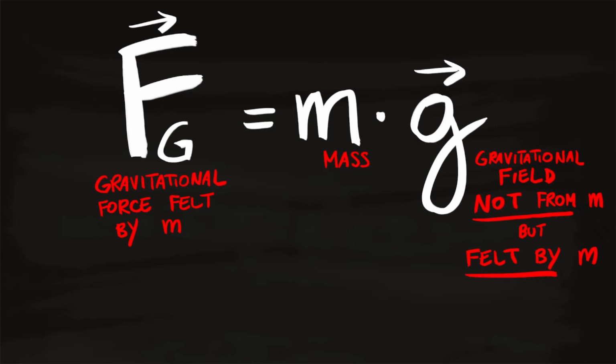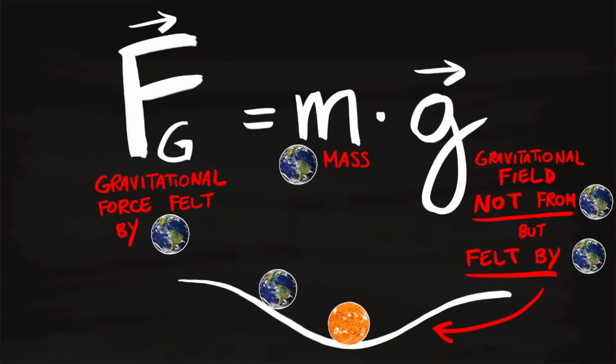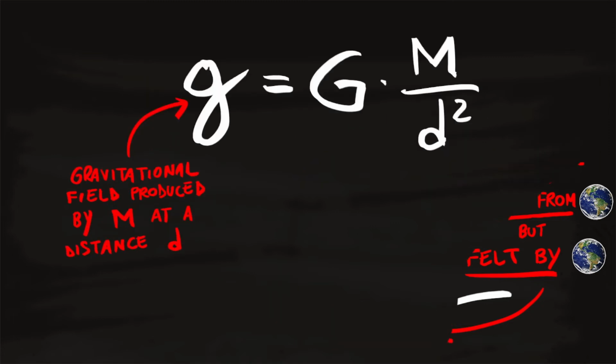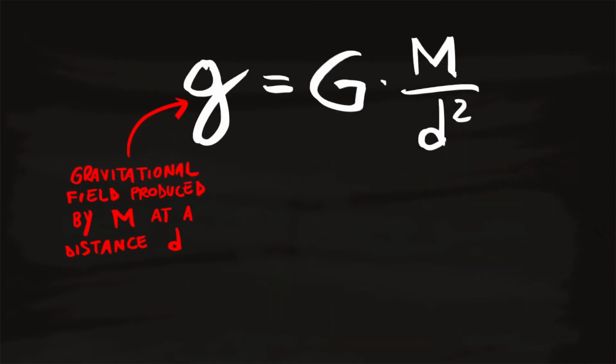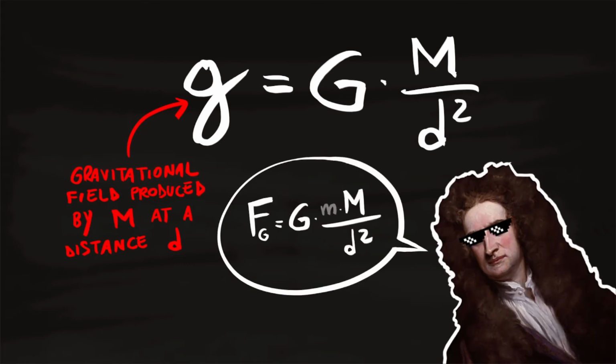It's the field that mass is sitting in. Like the gravitational force Earth is feeling due to the sun is Earth mass times the sun gravitational field. If you want to calculate g, here's the trick. g at a certain distance d from the mass m producing it is capital G times m divided by d squared. It's just like Uncle Isaac's gravitational law, but with only one m.